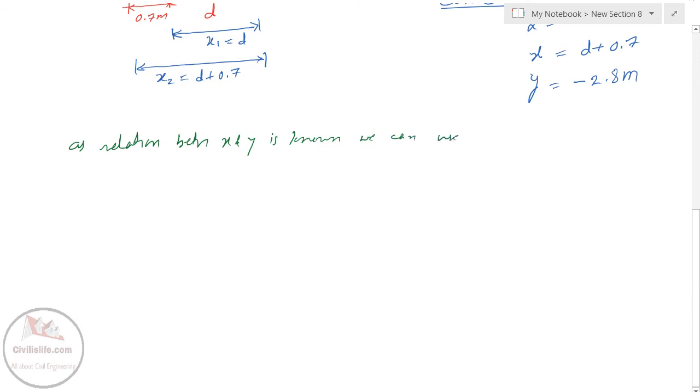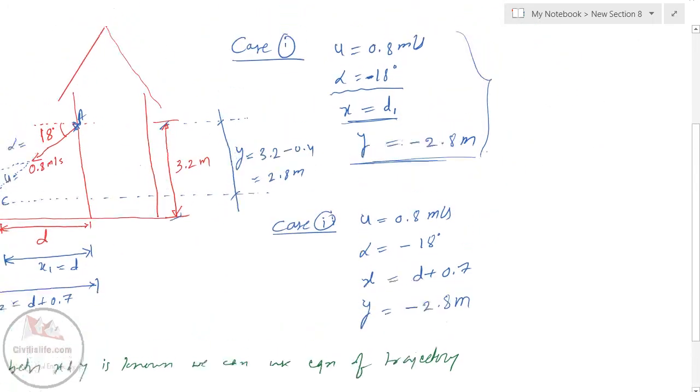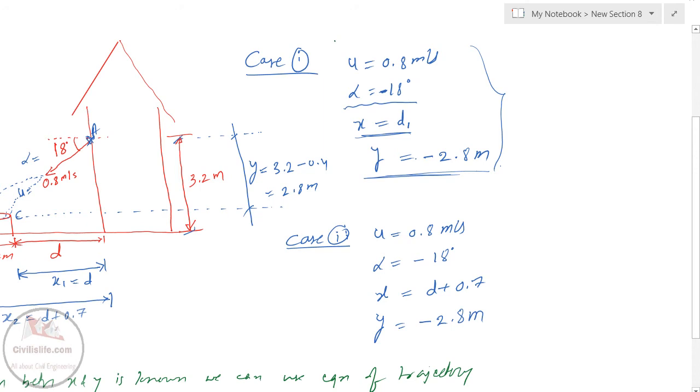We can use the equation of trajectory for both the cases. So for case 1, the data available is this one.